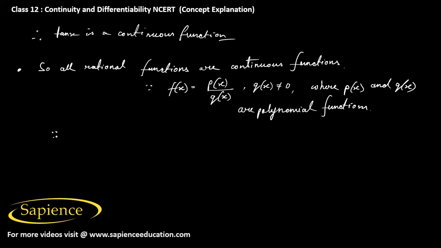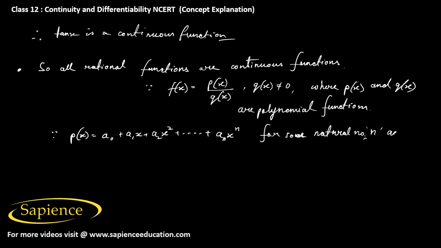Since if I take p of x, a polynomial function, then we can write it in the form a naught plus a1x plus a2x square plus dot dot dot plus an x power n for some natural number n, and an is not equal to 0, and all these coefficients are real numbers, means ai belongs to R for all i from 1, 2, 3, 4 till n.